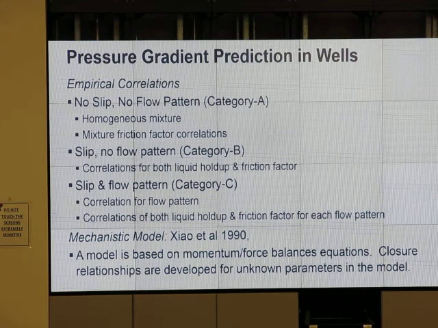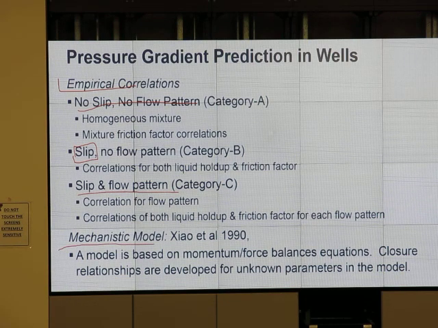Okay. This slide shows you that there's a long development. We have empirical approach, no slip, no flow pattern consideration. Next, they have slip consideration but no flow pattern consideration. Then we have slip and flow pattern, and we have mechanistic model.